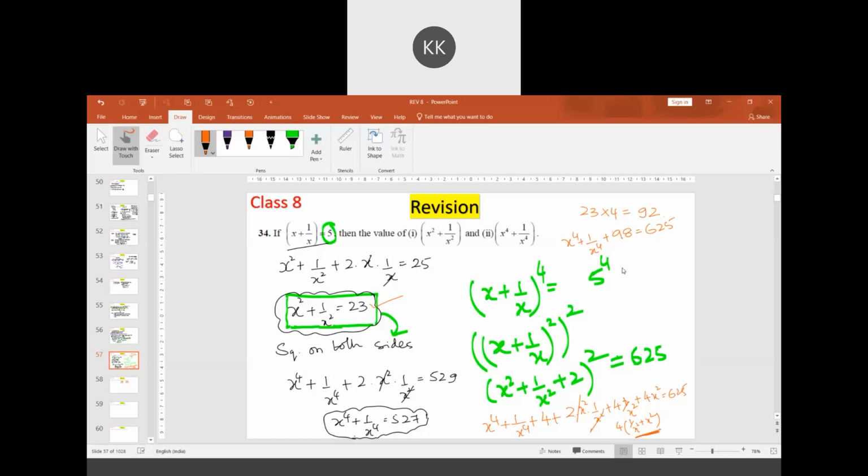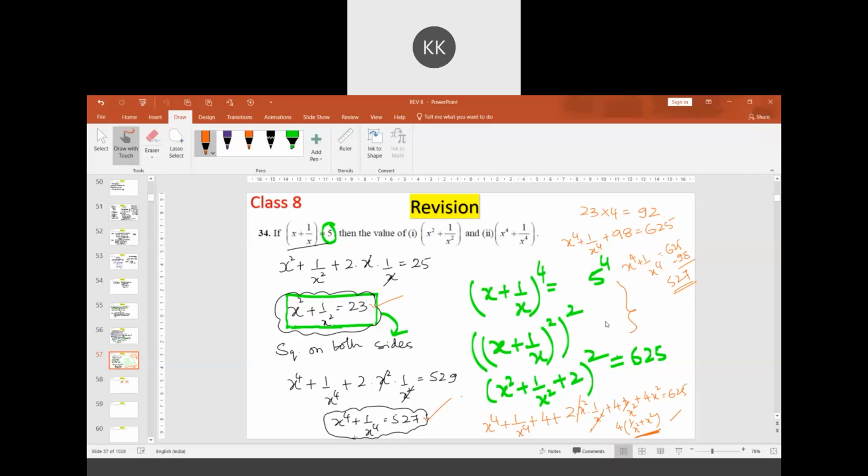So x to the power 4 plus 1 by x to the power 4 is 625 minus 98. Subtract, what do we get? 527 only we get. If you feel that this method is easy, you can follow this method.